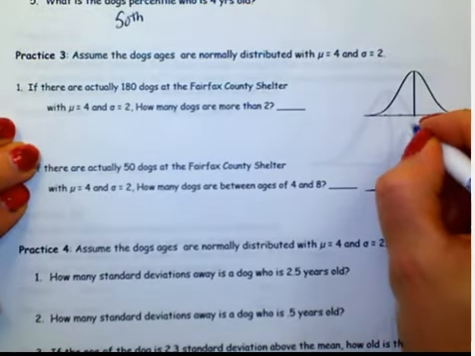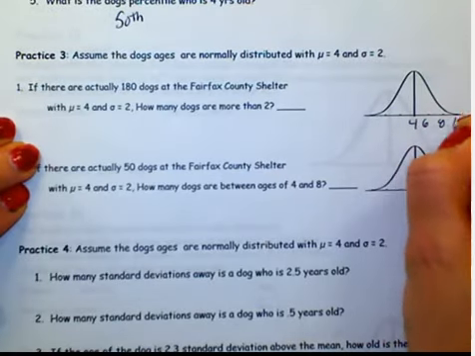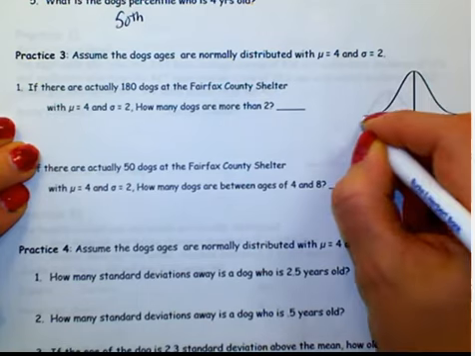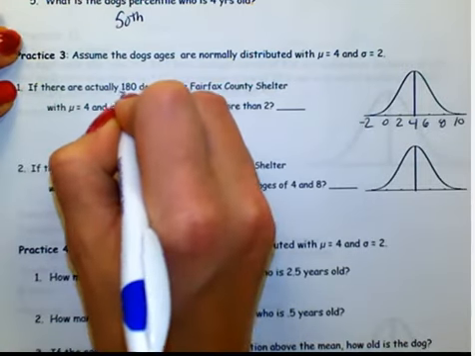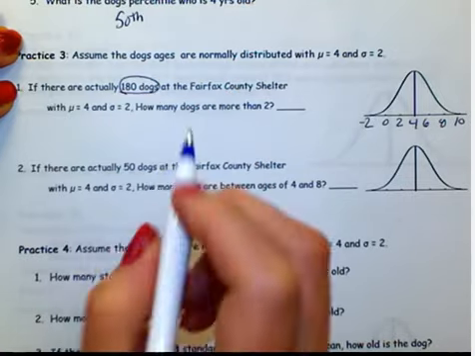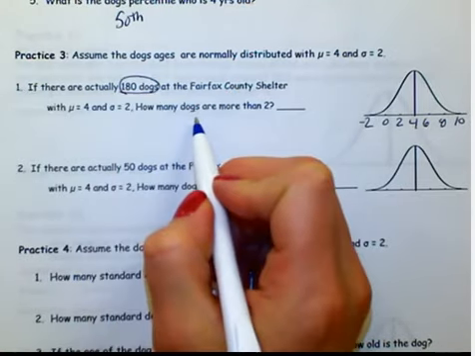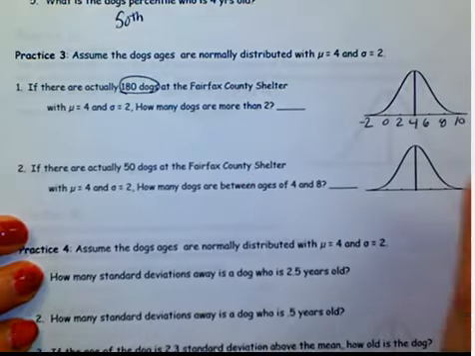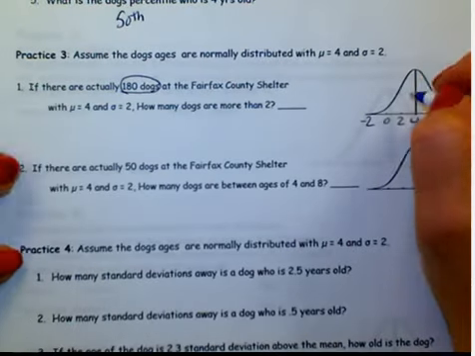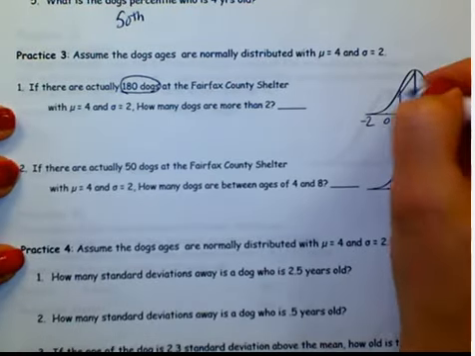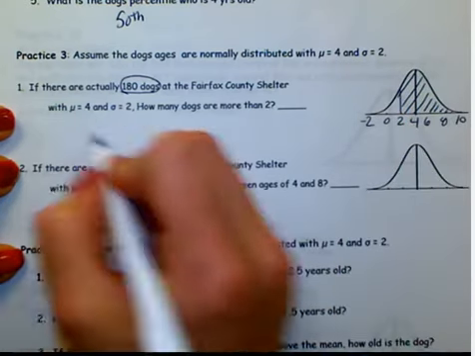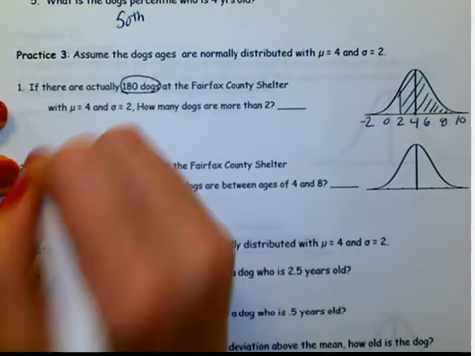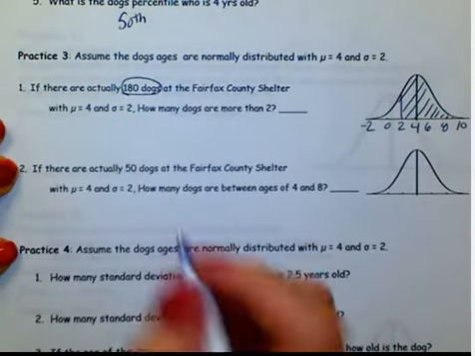Same data set, so 4, 6, 8, 10, 2, 0, negative 2. If there are actually 180 dogs, how many dogs are more than 2? Okay, so this is the portion of the graph. Now, if I want to know how many dogs, this is a ratio that you set up.